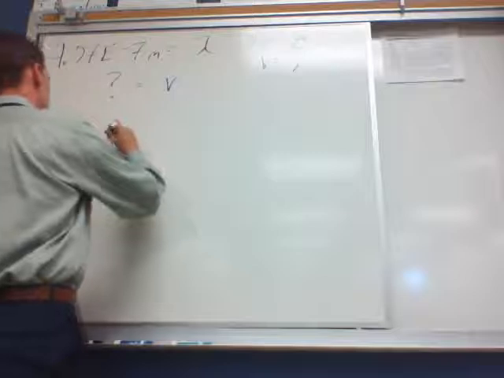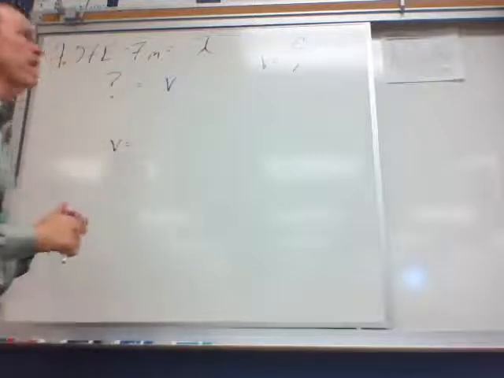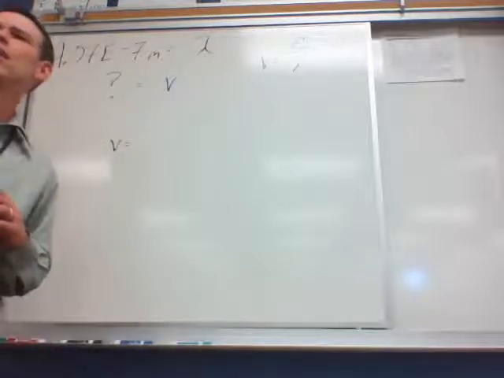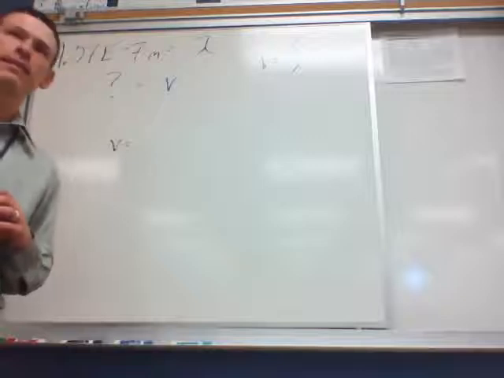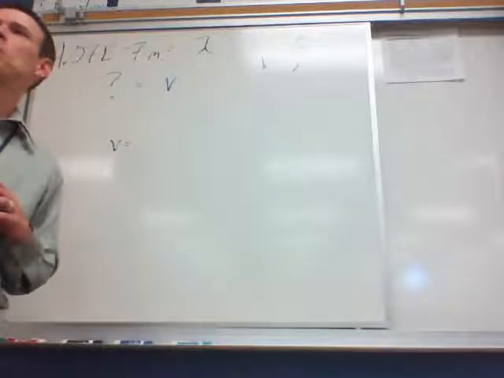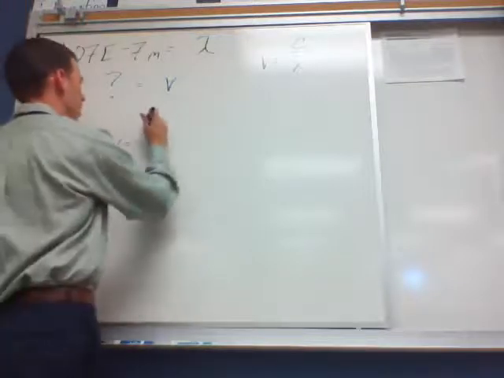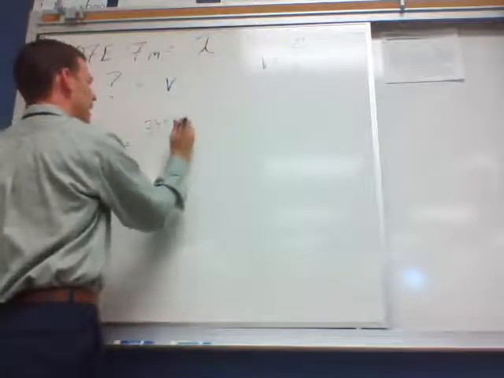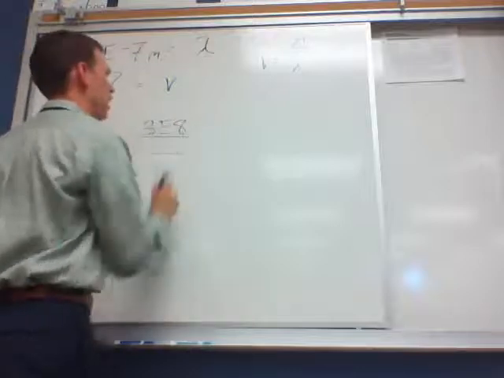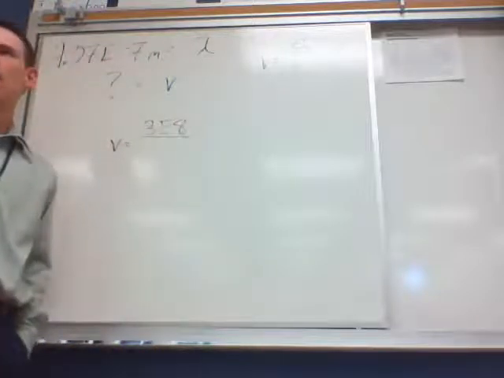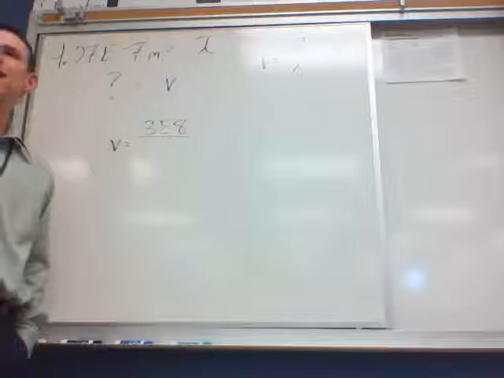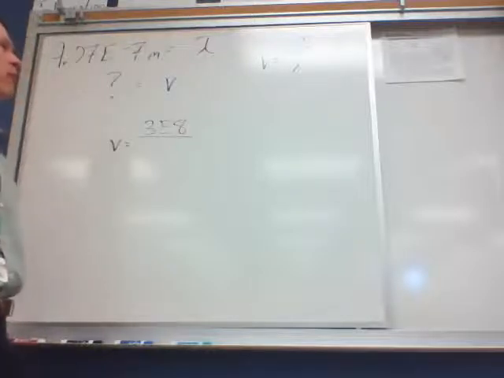So let's plug in. V equals, do we have a value for C? We always have a value for C. It's the speed of light. Just go grab it from over there. 3E8. 3 times 10 to the 8th power is C. Do we have a value for wavelength?